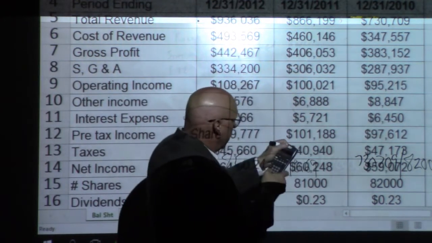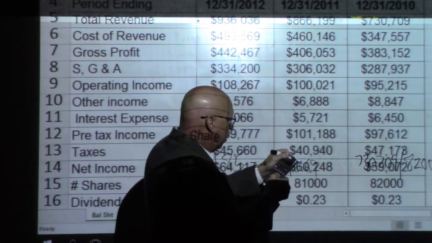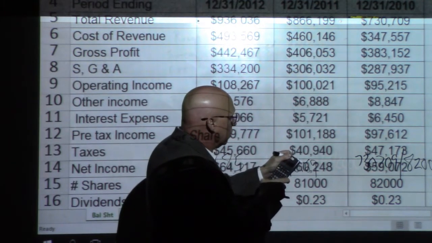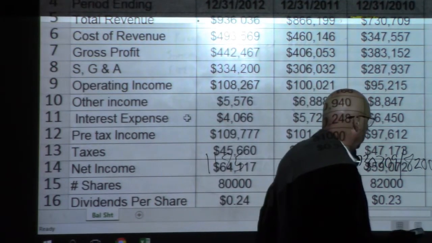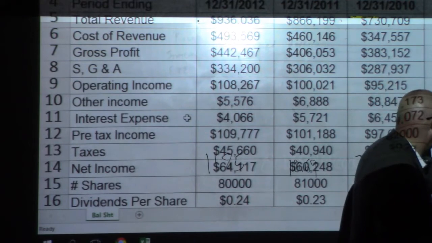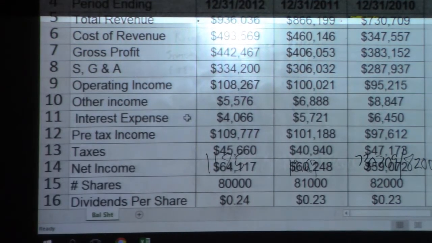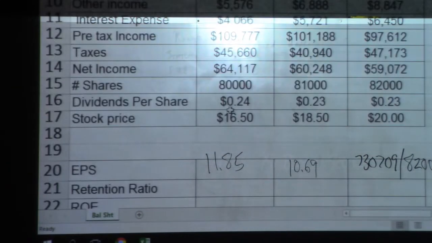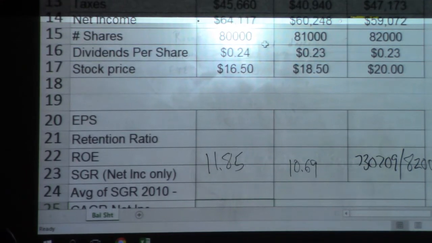Okay, now we have 730,709 divided by 82,000, and we got $8.91. Let me scroll down here so you can see that. See there? $8.91.